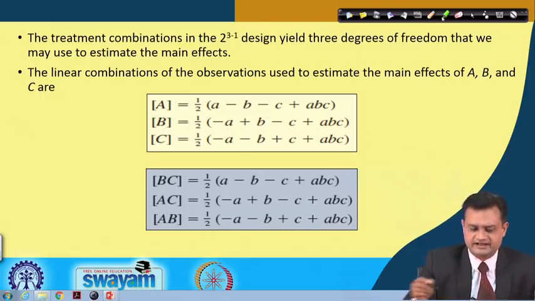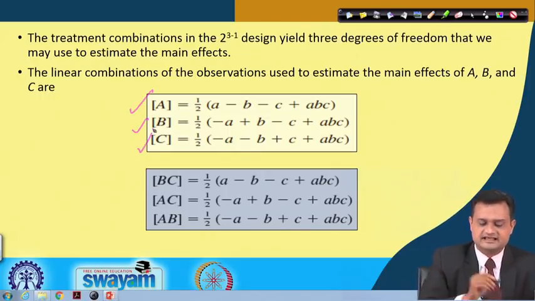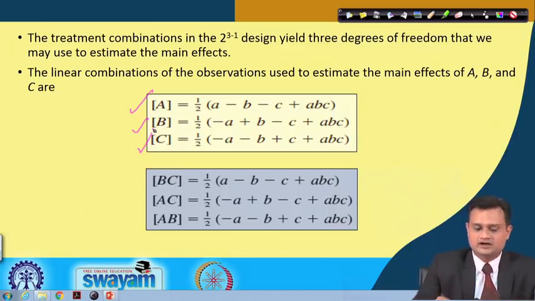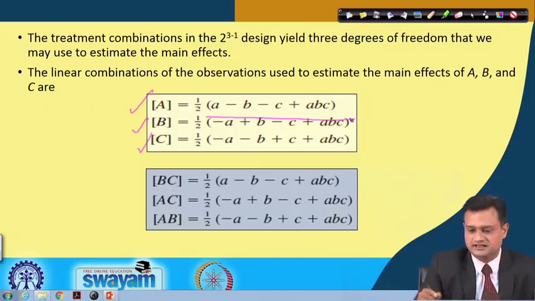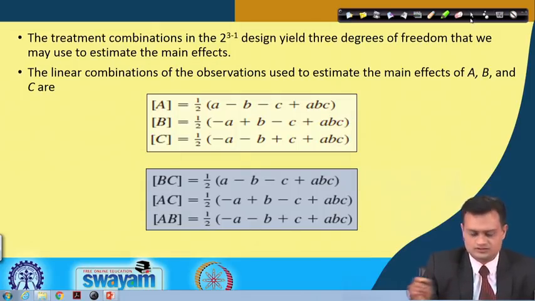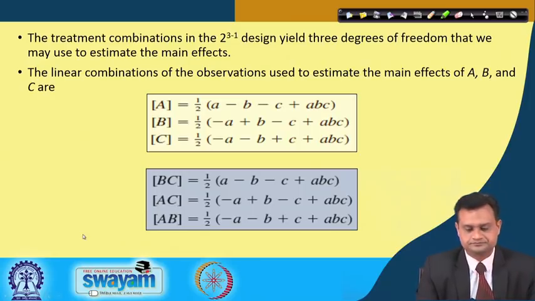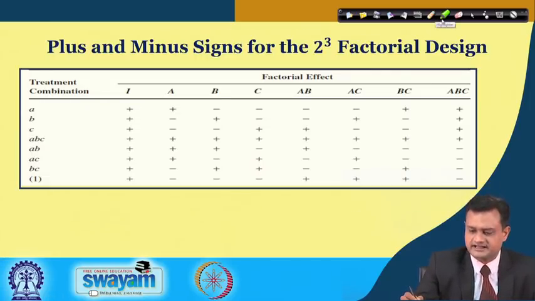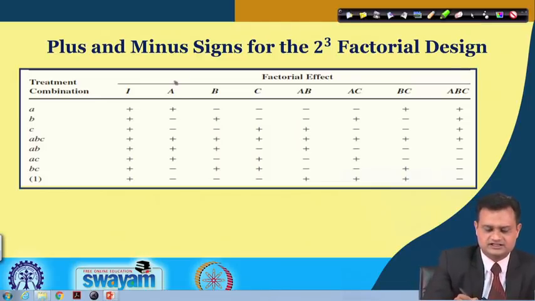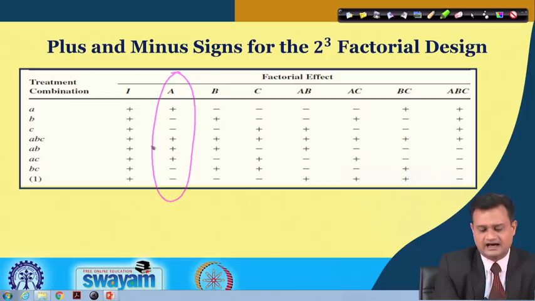Now if I estimate effects A, B and C, it is really interesting to see what is coming here: A minus B minus C plus ABC. Let us see how it is. I will just go back and see here that I am estimating A, and you are referring to this particular table, the half.